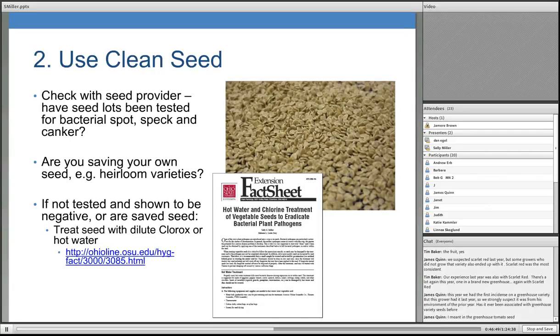So unless a bunch of growers get together to do their seeds, and we have seen some instances of that, it's kind of better to stick to the chlorine treatment. However, the chlorine treatment potentially could miss bacterial canker if it's inside the seed, because it's basically a surface treatment, whereas hot water can kill the bacteria inside or under the seed coat.